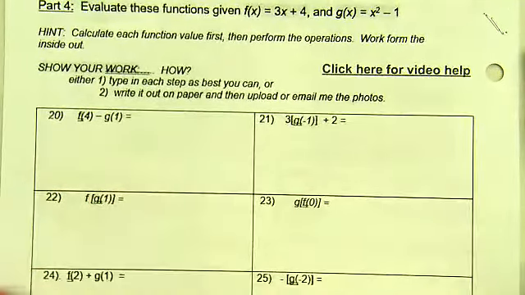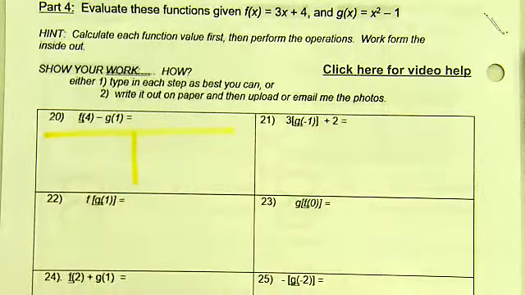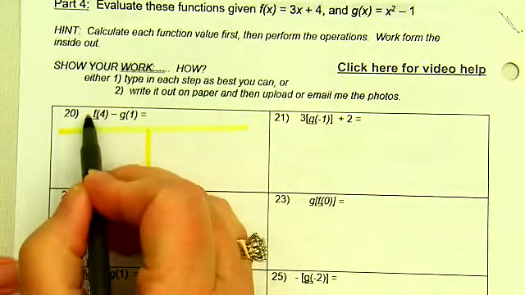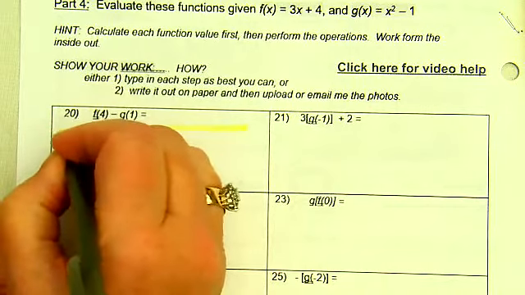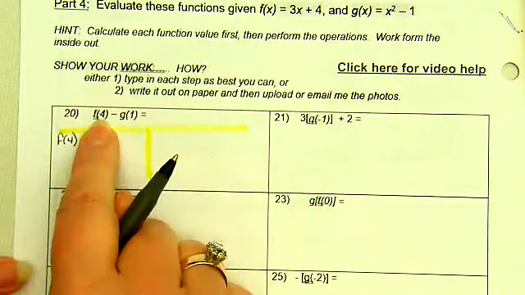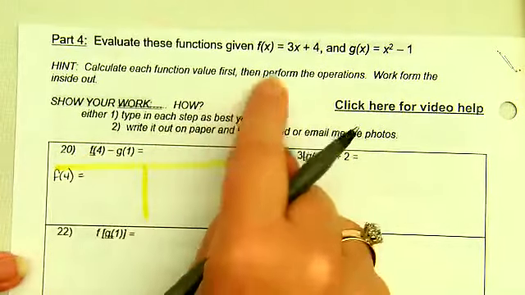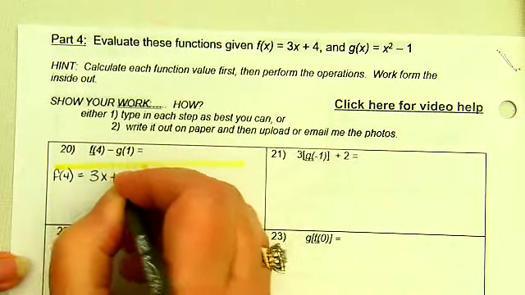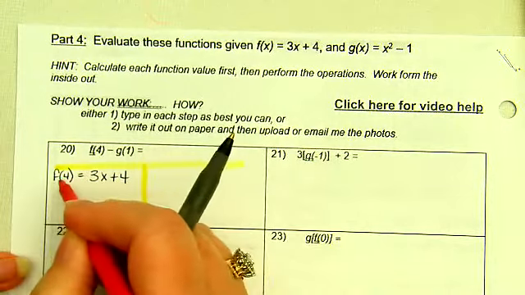So the first one will be a side by side. I like to divide up my space, and you're just going to do each part separately. So I'm going to do f of 4 over here. I'm just thinking about what is this number? I find the f function, which is 3x plus 4, and I'm going to put the 4 in, because that's the x that needs to go.